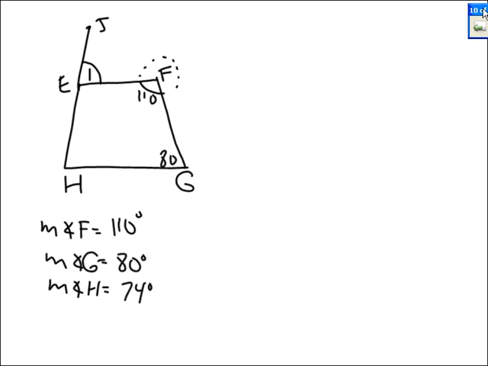This one's 110. H is 74. Now, there's no reason to say, oh, this is a piece of cake, angle 1 is 74, because of parallel lines. Nobody ever said HG and EF were parallel.